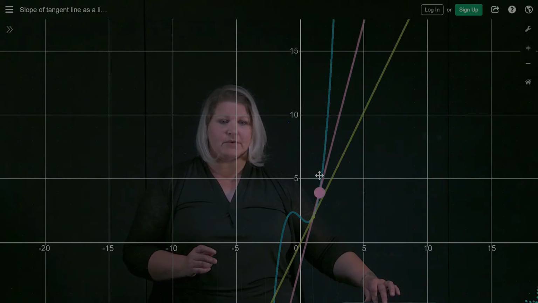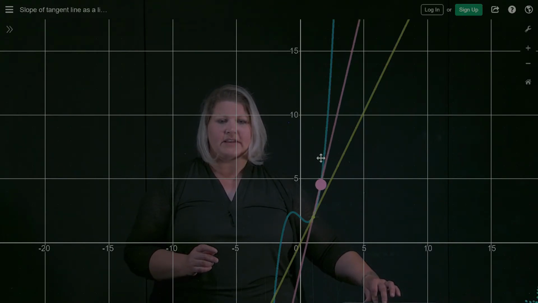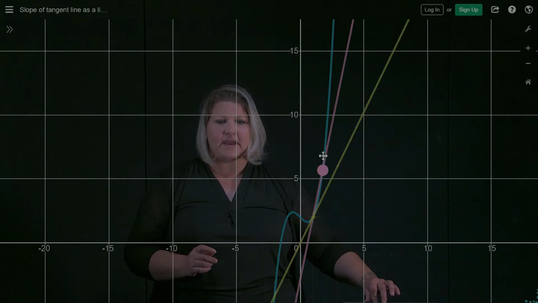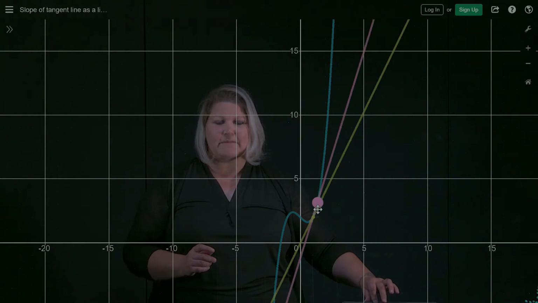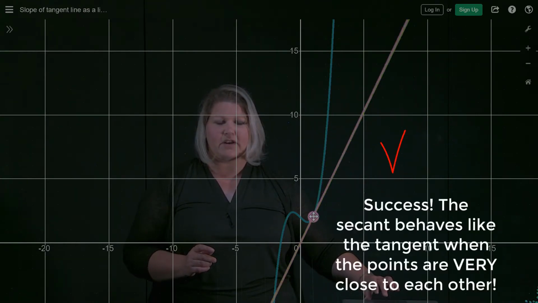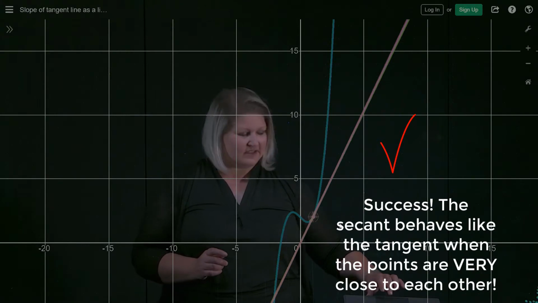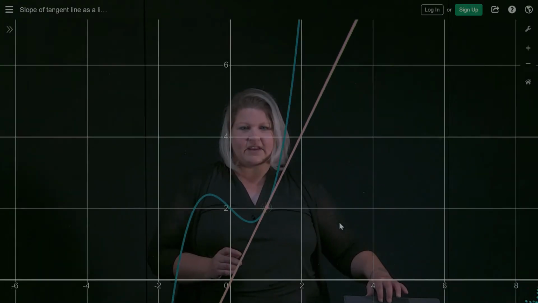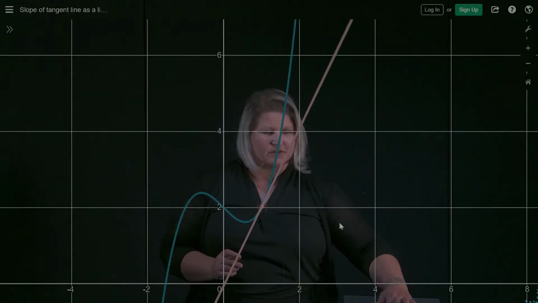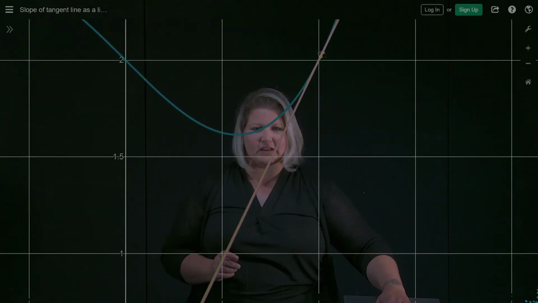Where do I need to move this second point to get the pink line to behave like the yellow-green line? Yeah, that's right. I need that pink point to be very, very close to the point at which I'm taking my tangent. In fact, if I were to zoom in on this, they need to be super-duper close, right? They need to be really close.